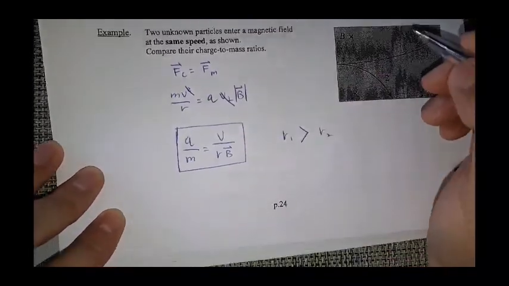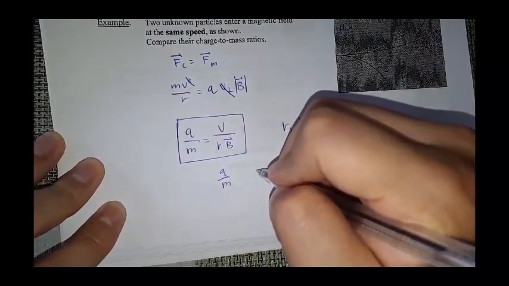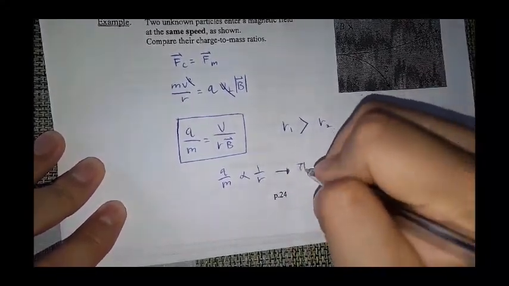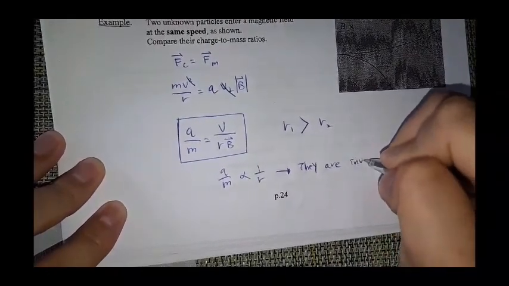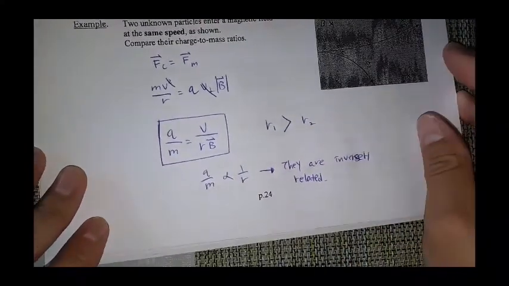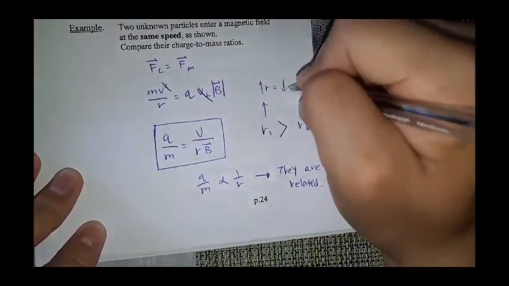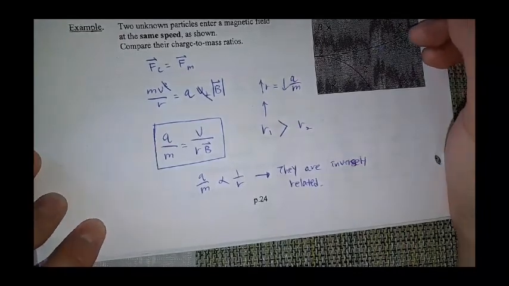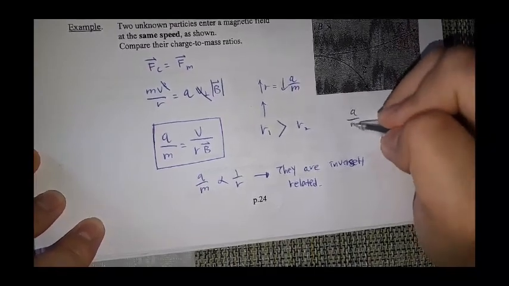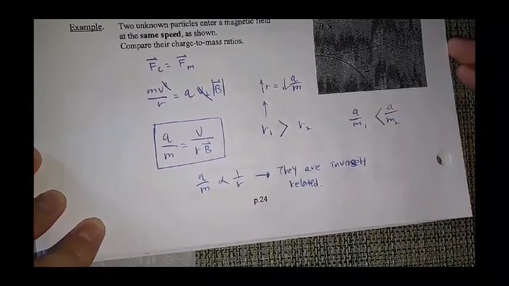If you look at the whole situation, the charge to mass ratio is inversely related to R. That means if we have a larger R, we have a low q over m situation. So if I look at that scenario, the charge to mass ratio for 1 and 2 is bigger.